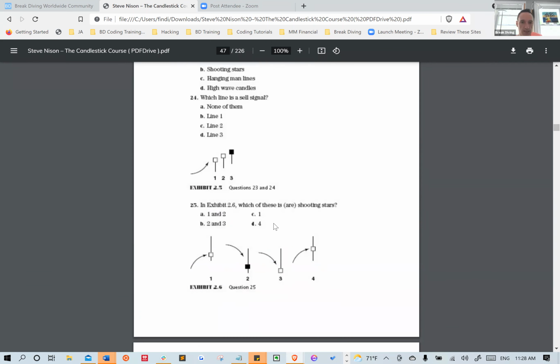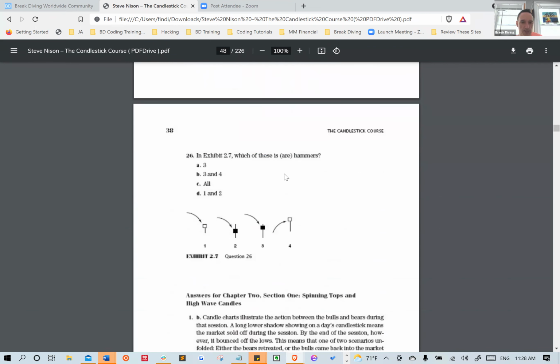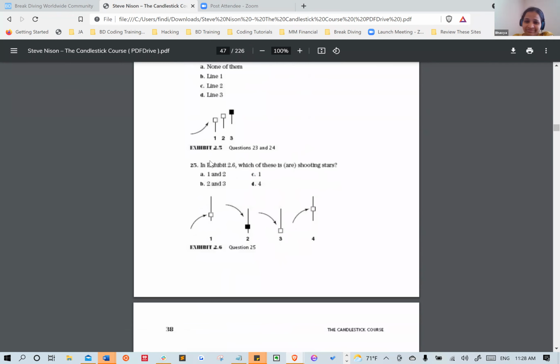Okay. In exhibit 2.6, I'll do 25, you do 26. Exhibit 2.6, which of these are shooting stars? This is really good practice, isn't it? This is difficult. A shooting star means it's got a high shadow and a small body.